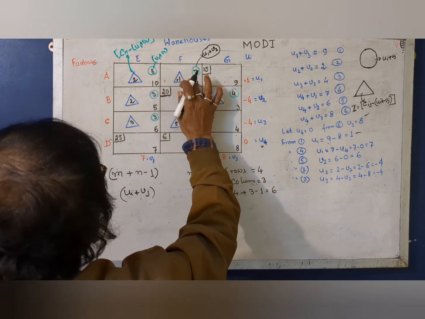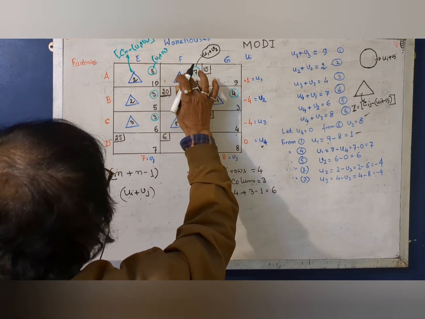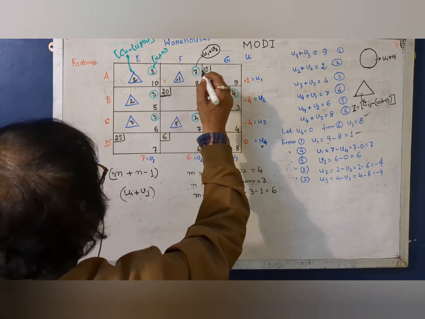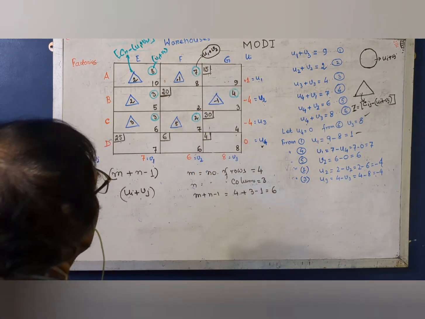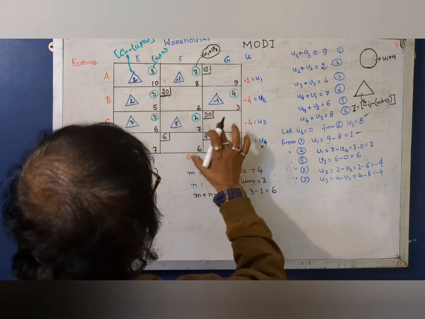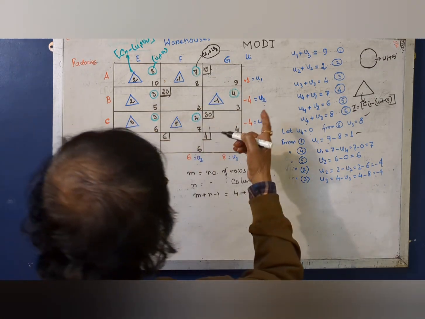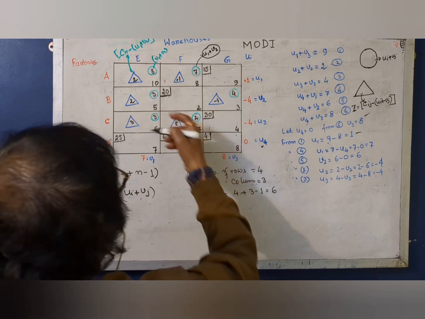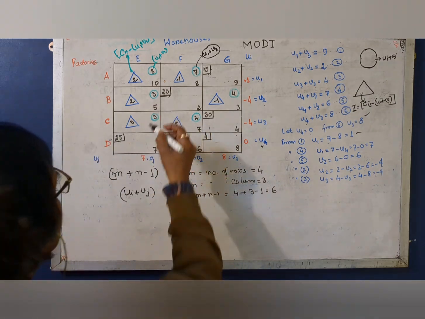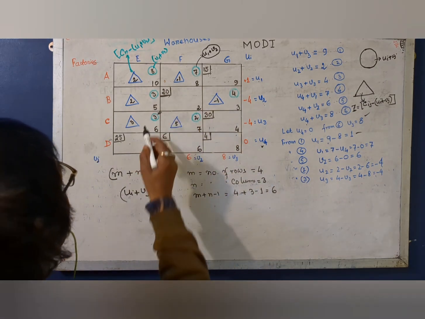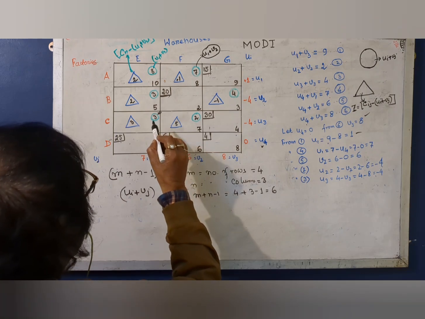This means row 1 column 2. This circle indicates you have to find out u1 plus v2. u1 plus v2, u1 is 1 and v2 is 6, that means the sum is 7. I am not discussing all the circles, but I am showing a few. I will explain how you will put these values of ui plus vj.